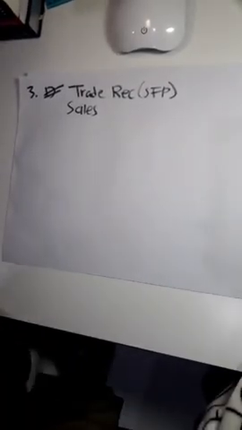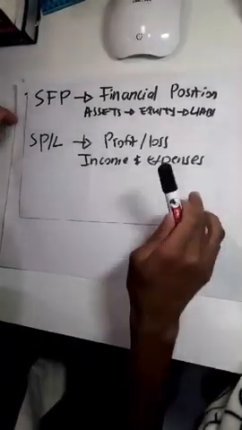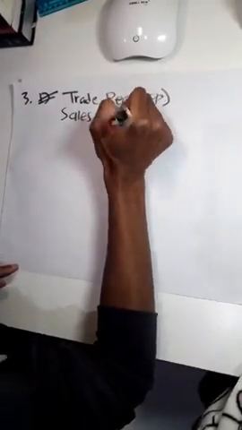Your sales are your income. And I told you, your income and expenses go to the statement of profit or loss, known as the income statement, right? So your sales are your income, so I'm going to say statement of profit or loss. So far so good, right?